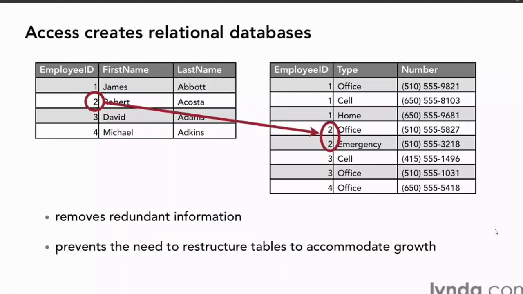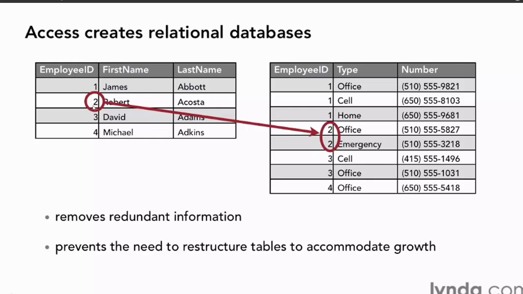Okay, pausing here. One thing to note about database design is that if you want an excellence, one of the criteria is that there should be no duplication of data anywhere. And you saw on the first table they were showing you with James Abbott, James Abbott, James Abbott. That's duplication of data.